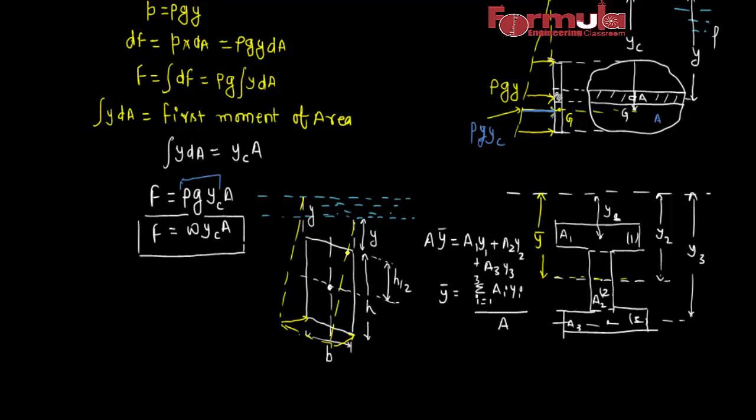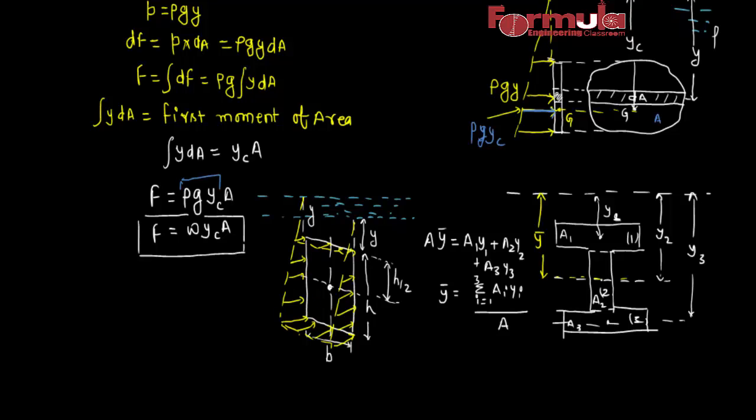At the top edge the pressure intensity is this much, and it remains the same along the top edge because its distance from the free surface is the same.